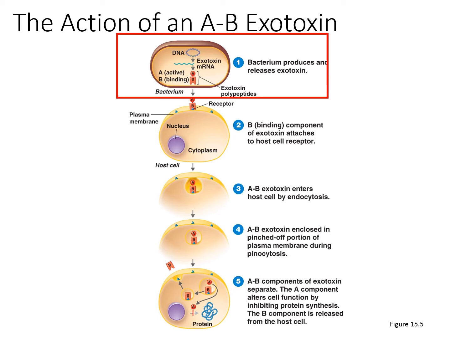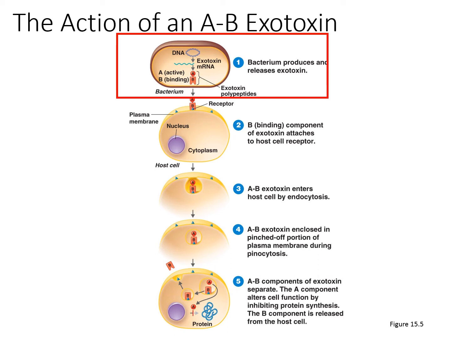You can see the bacterial chromosome represented by the circle at the top, and on that chromosome we would have a gene for producing this type of exotoxin. That gene gets transcribed by RNA polymerase, producing an exotoxin messenger RNA. When that messenger RNA is translated by the cellular ribosomes, we get a 2-part toxin.